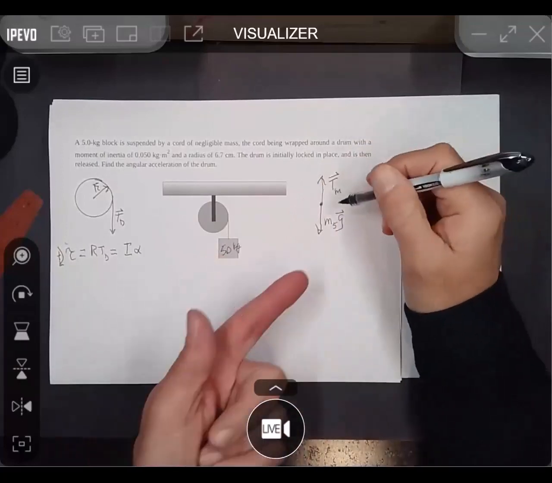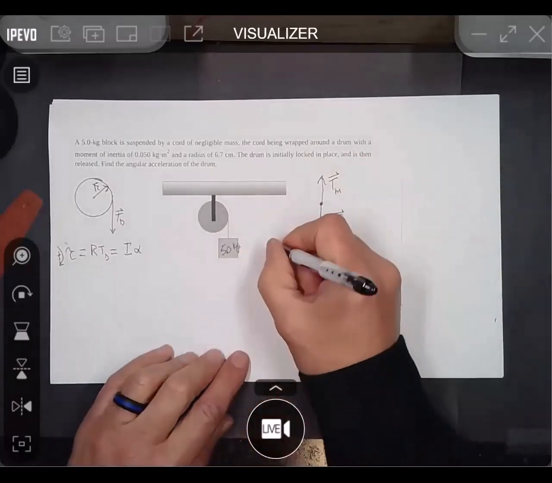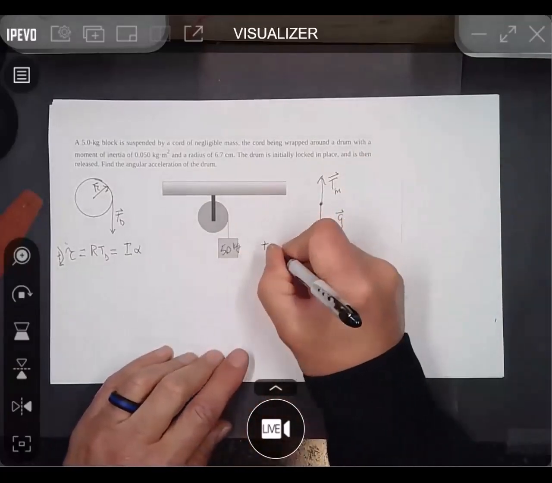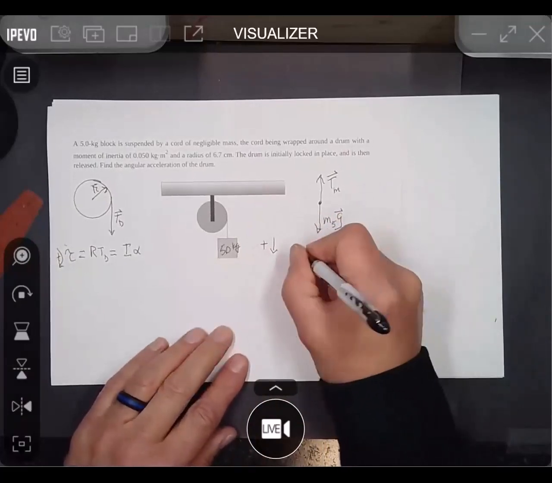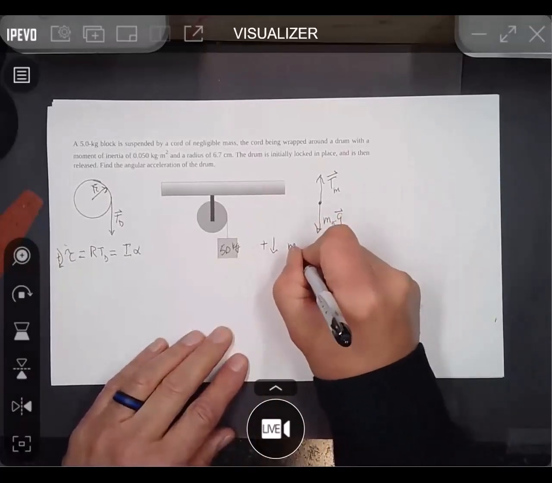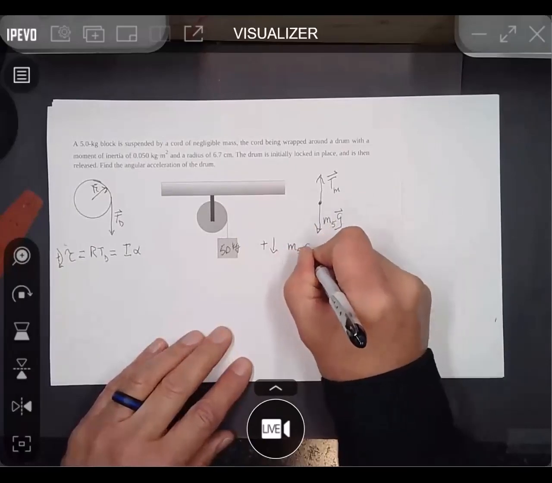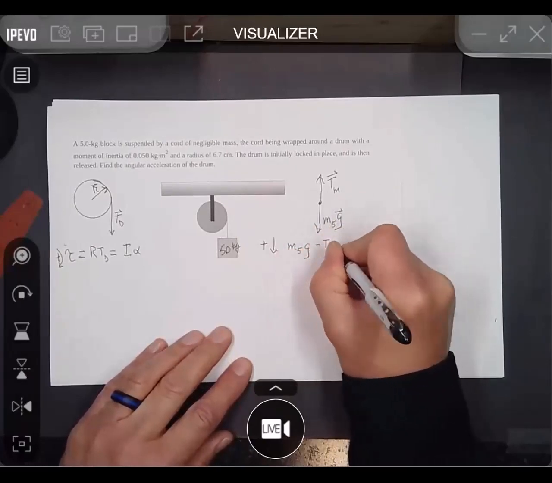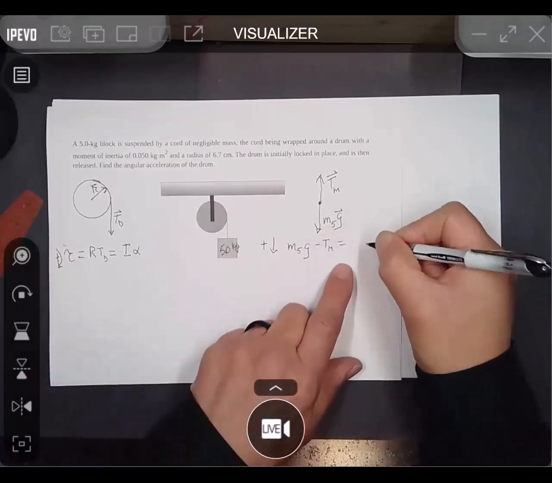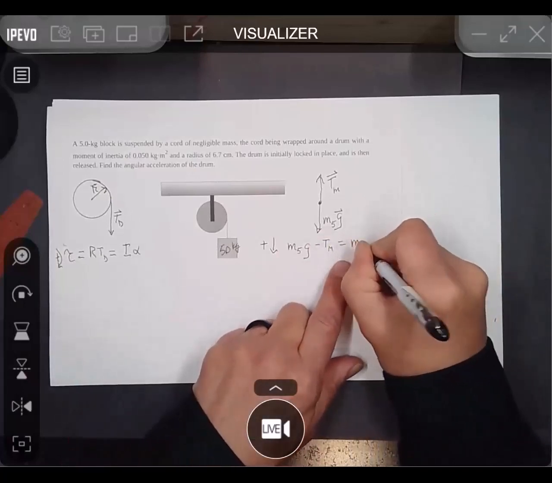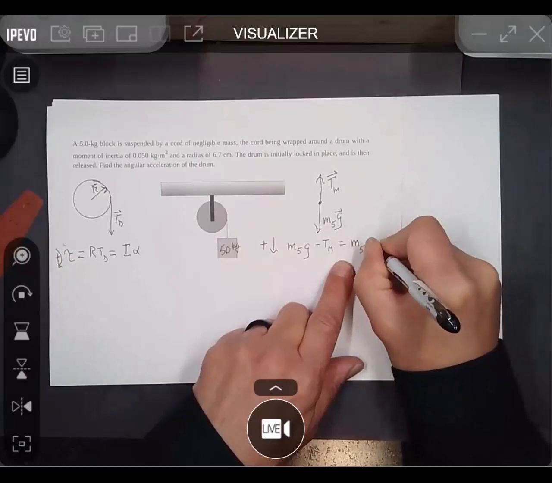For this, I'll let downward be positive because that's the direction it's going to go when you release the drum. So with down being positive, m5g minus T sub m is going to equal m5a.